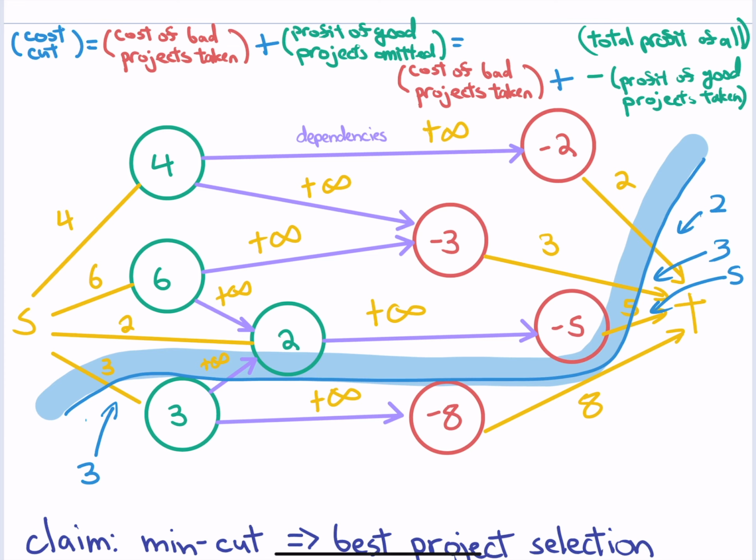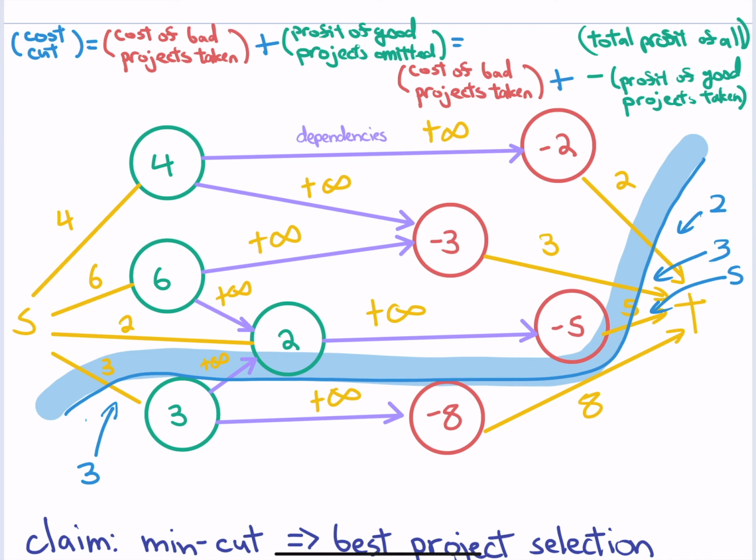The point is that there's a fixed total amount of profit out there. In this picture, it's 15. And the profit I leave on the table is the total out there minus the amount I get. Now, the total amount out there doesn't change. That's a fixed quantity.